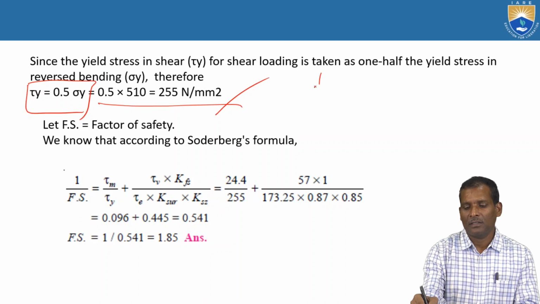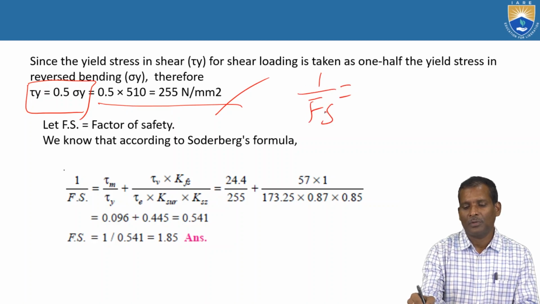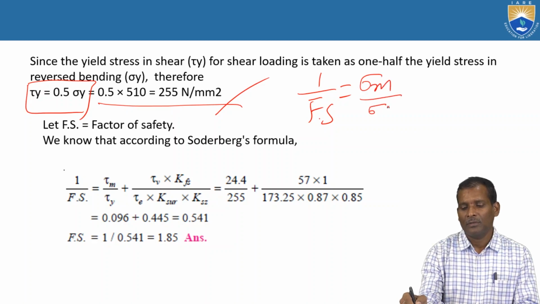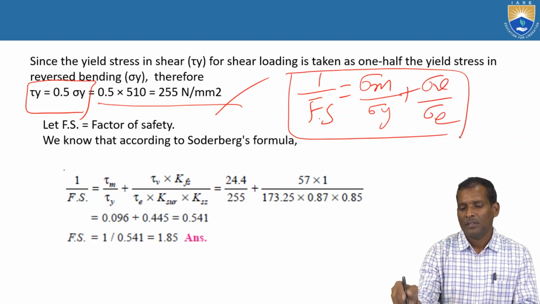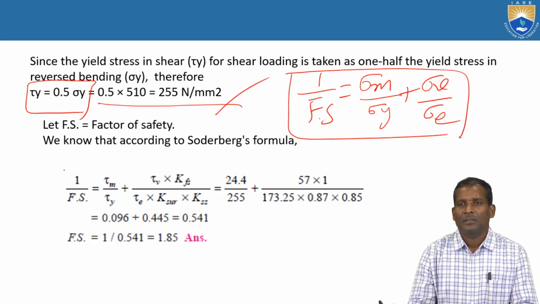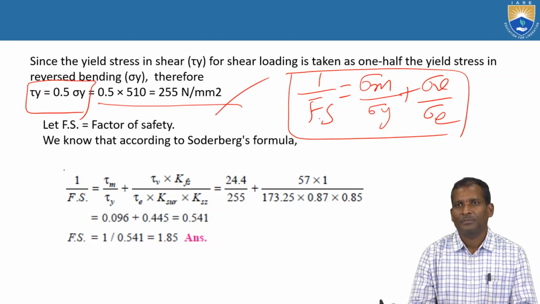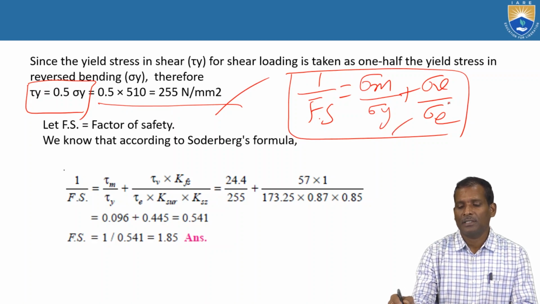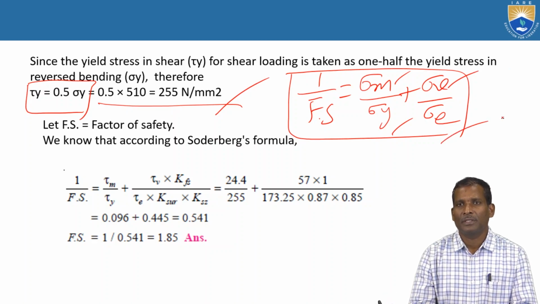Normally the usual formula for Soderberg is 1 by factor of safety equals mean stress upon sigma y plus variable stress upon sigma e. This is the Soderberg line for ductile materials. In this, sigma m is mean stress, sigma y is yield stress, sigma v is variable stress, and sigma e is endurance limit stress without considering any factors.